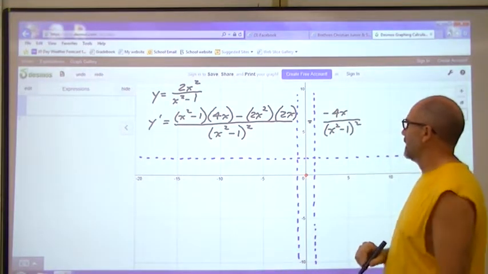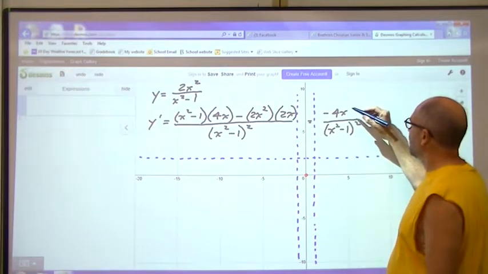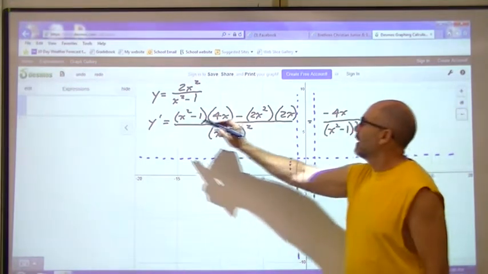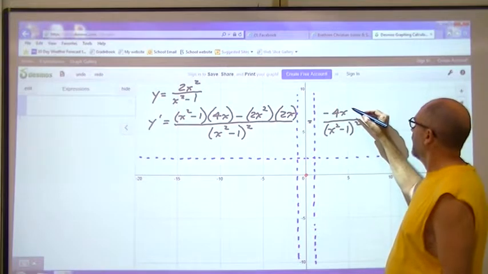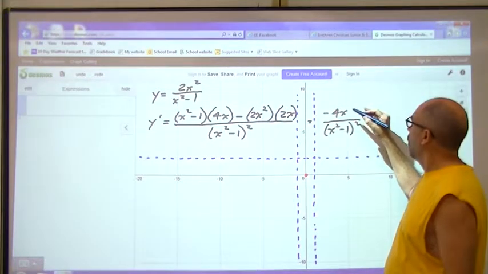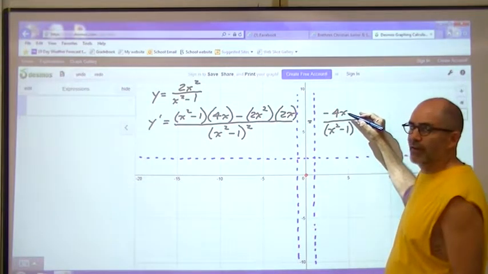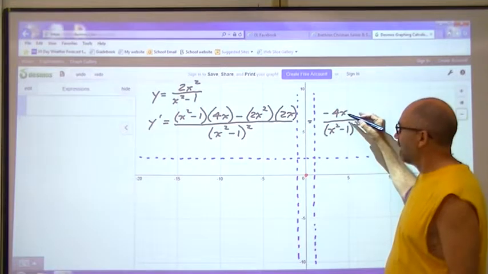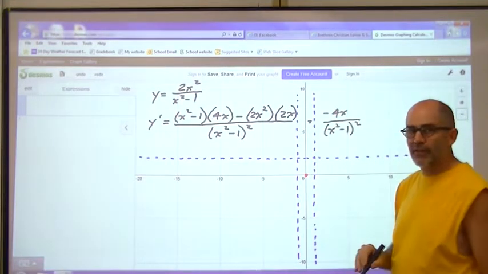All right, what did that tell us? Well, that told us that the derivative is positive whenever x is negative, and it's negative whenever x is positive.